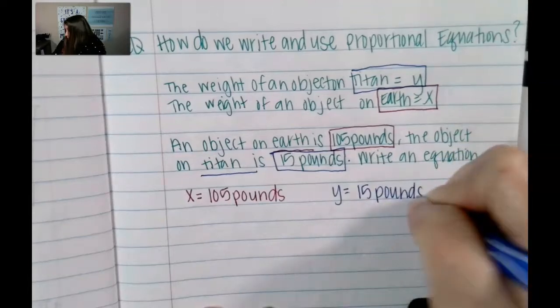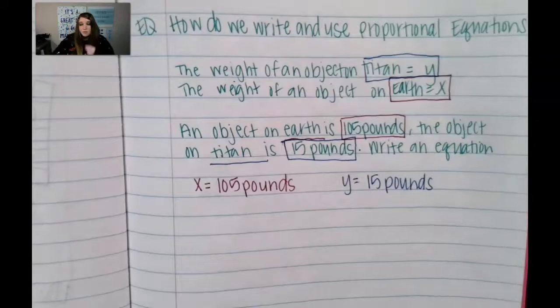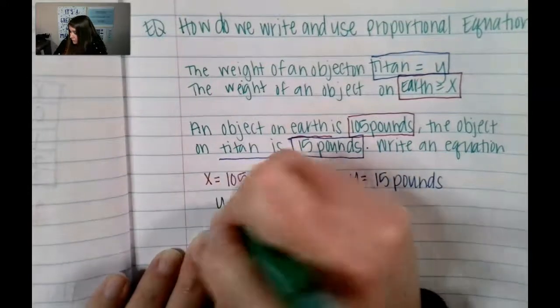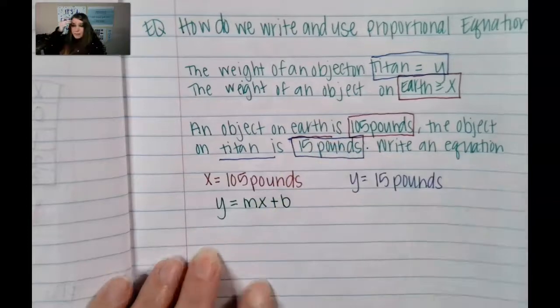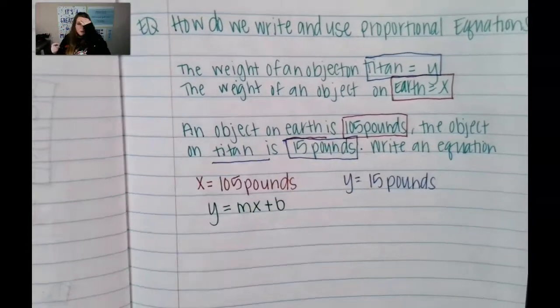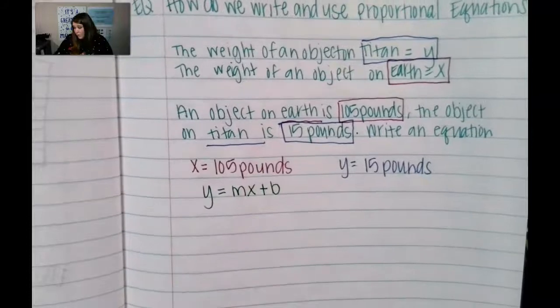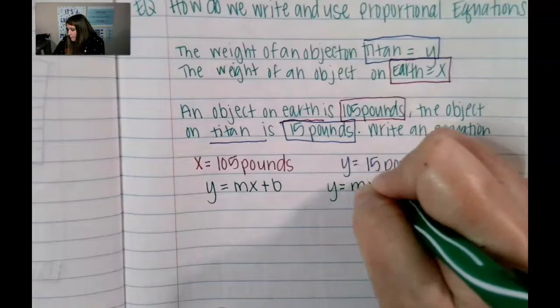Now we know that the equation that we've been using over and over again is y equals mx plus b. Since we don't know the y-intercept yet, or because this is a proportional equation, we're just going to use y equals mx.